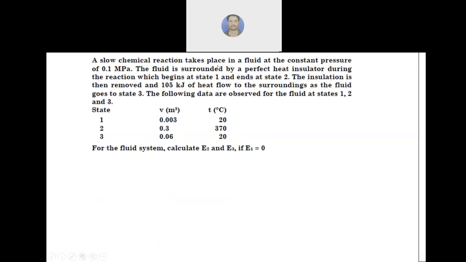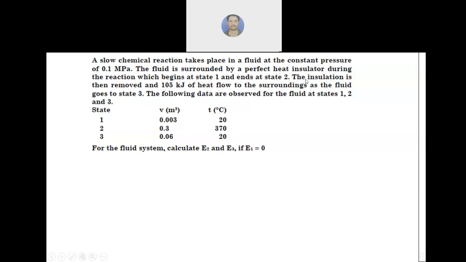A slow chemical reaction takes place in a fluid at constant pressure. Given constant pressure, how much pressure? 0.1 megapascal. Now the fluid is surrounded by a perfect heat insulator. We have done insulation. Okay, perfect insulation. This is during process 1-2.